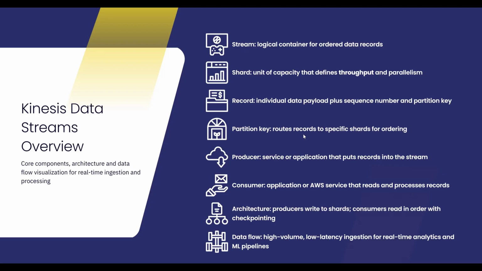Then a record is an individual data payload with a partition key and a sequence number. A partition key routes records to a specific shard for ordering.